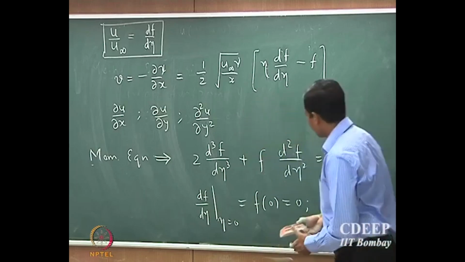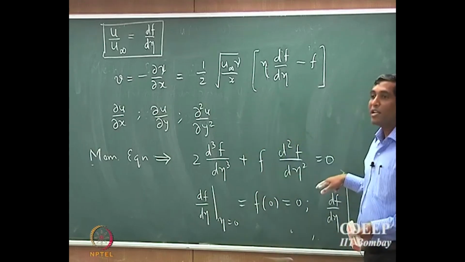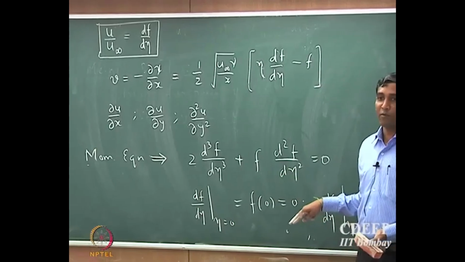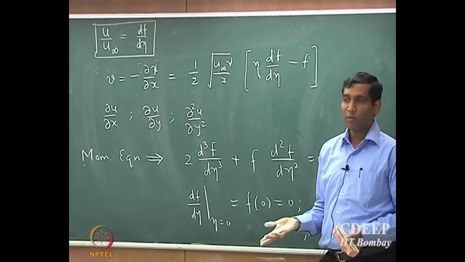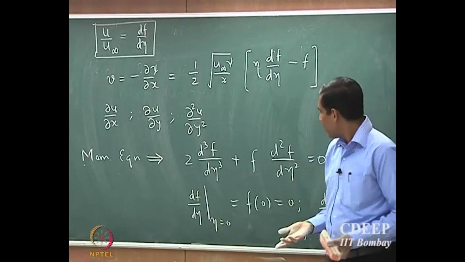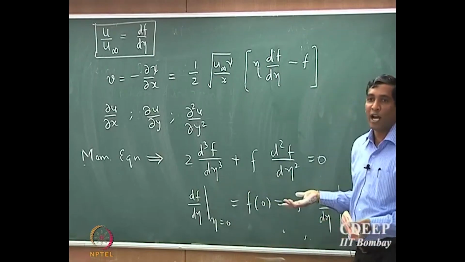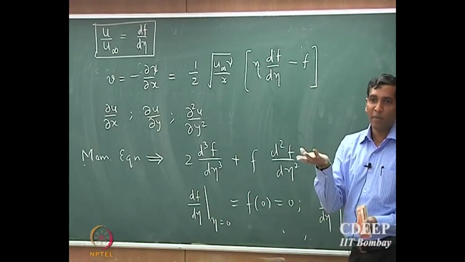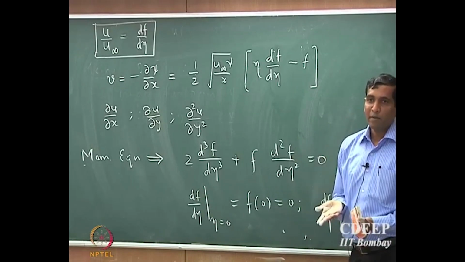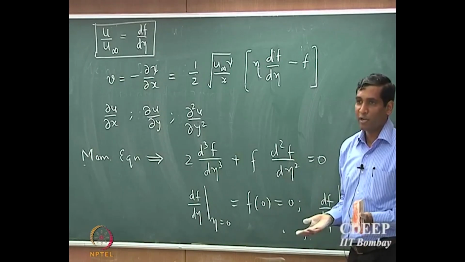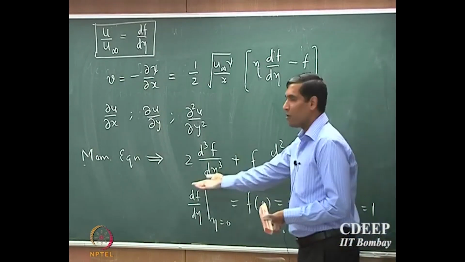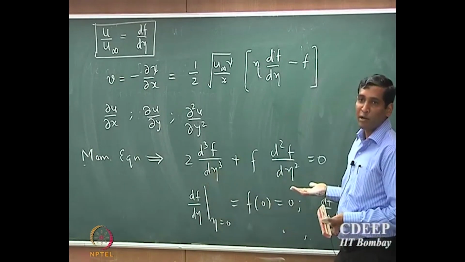So momentum balance essentially reduces to this ordinary differential equation. What you had earlier was a PDE, which was a function of x and y, and now you crash it into an ODE, and note that you also had the x component and the y component velocity in the previous equation, but because you used a stream function formulation, all that has been crashed into a simple third order ODE.